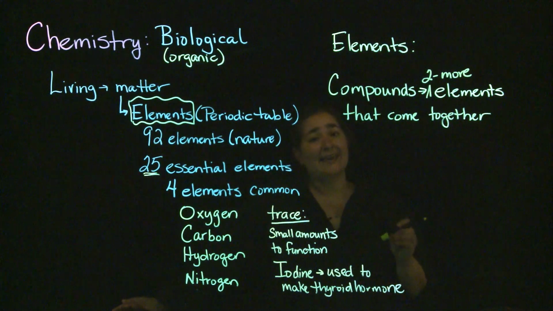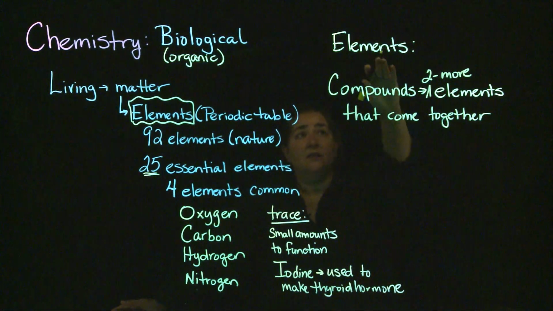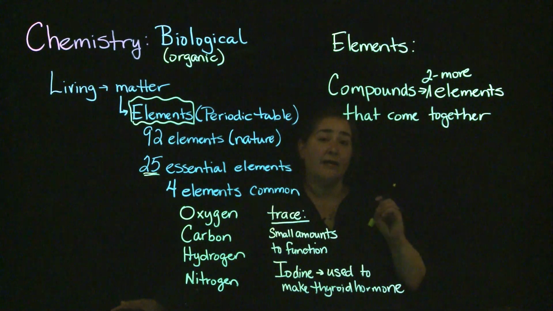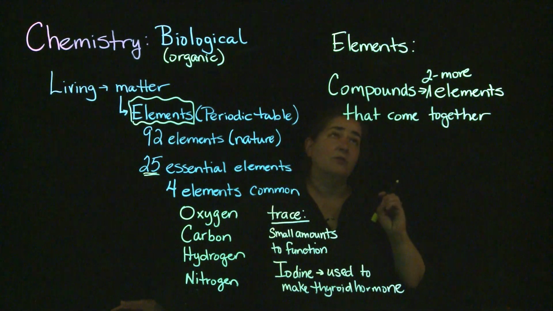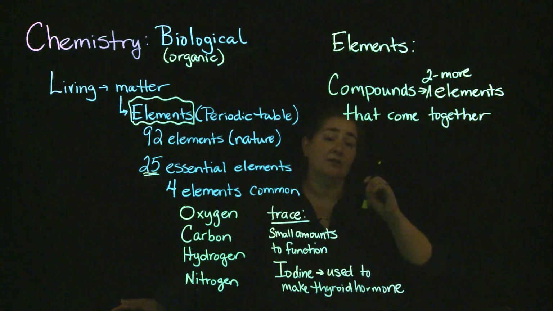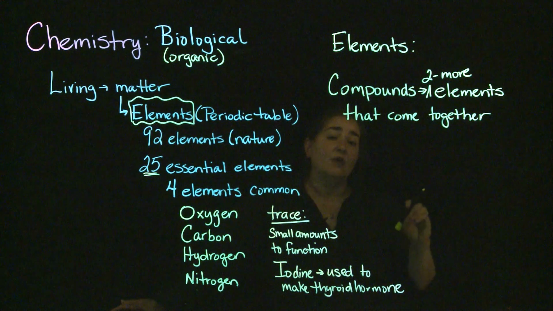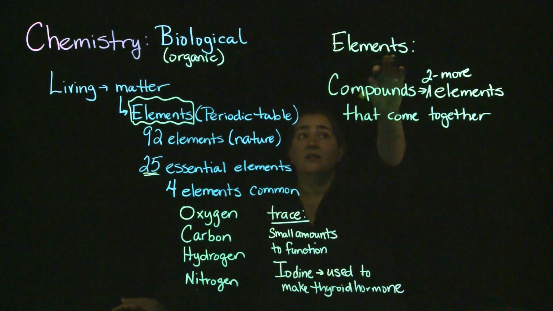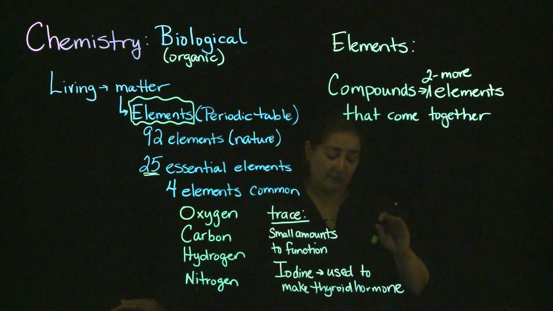Compounds tend to be more common than elements in the environment. And we'll talk about why when we break down the components of an element, because we're going to break the components of that element down into the atom, and we'll talk about the electrons, the protons, and the neutrons that make up the elements, okay?